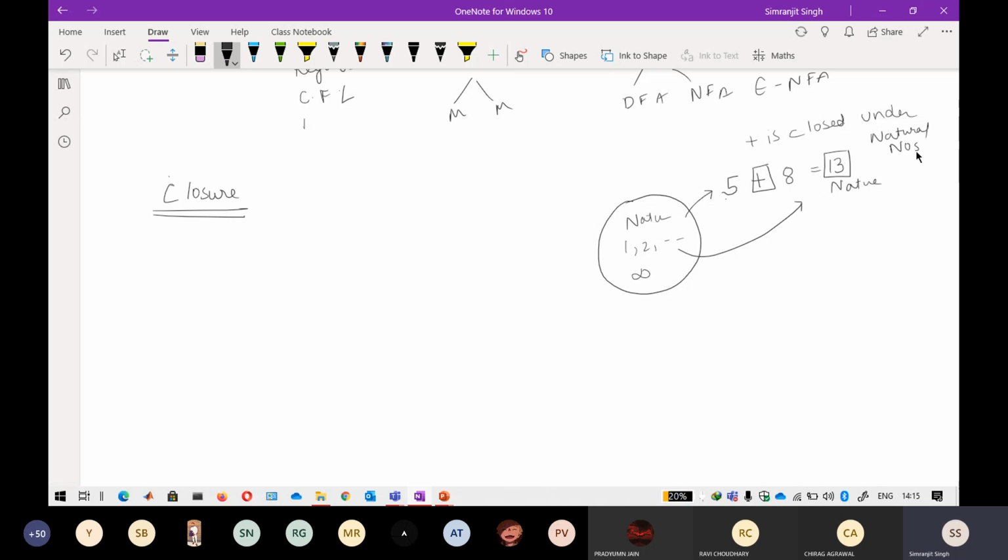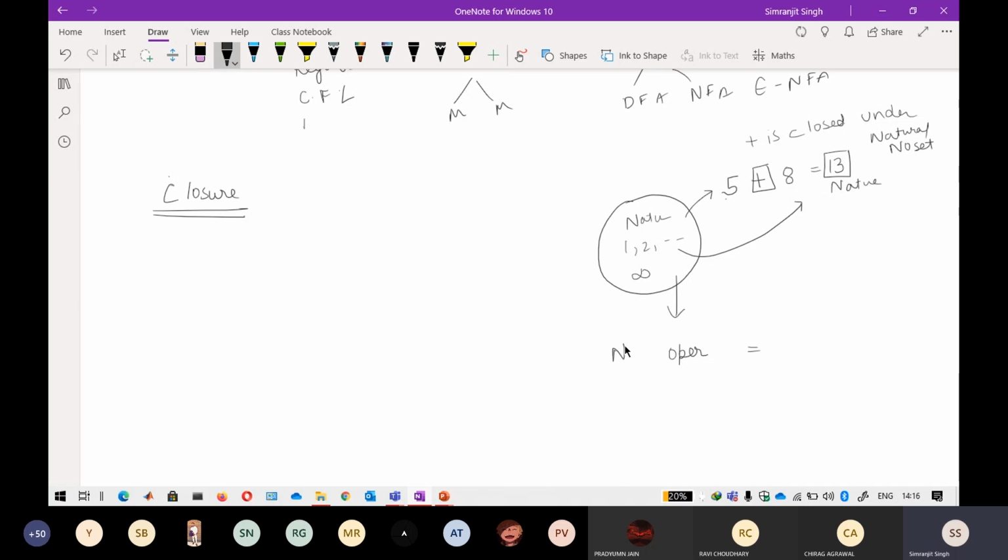Why do I say that? If I generalize it, I take any number from this set, the natural numbers, and apply some operator, which can be plus, minus, divide, multiply, with another natural number from this set, and again if I get, so let me generalize it more.